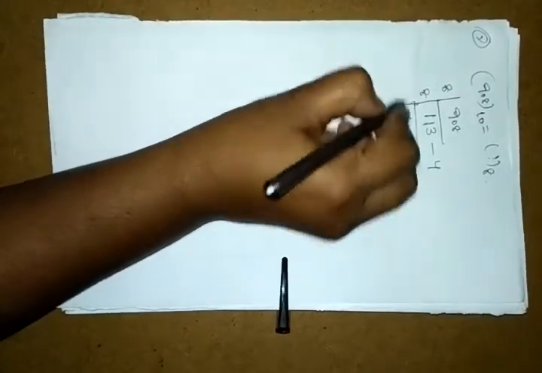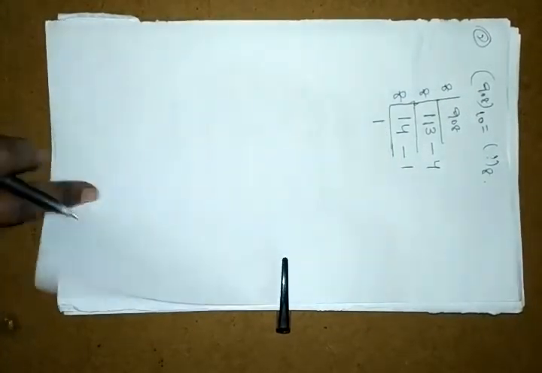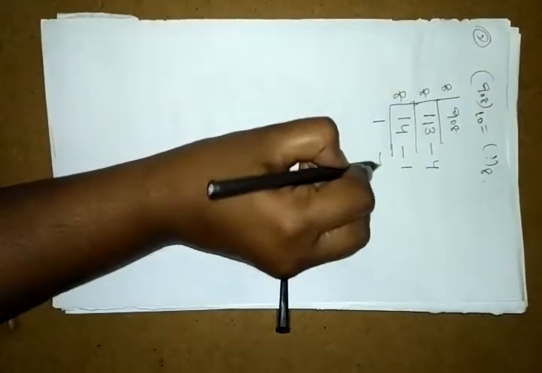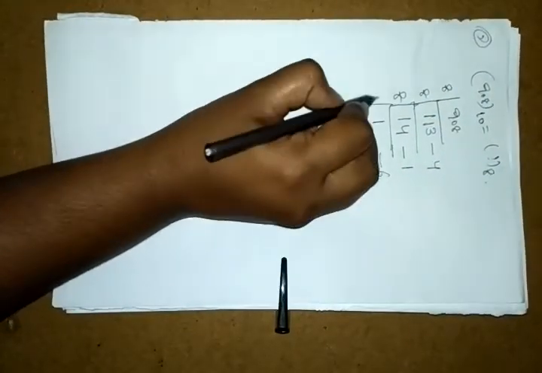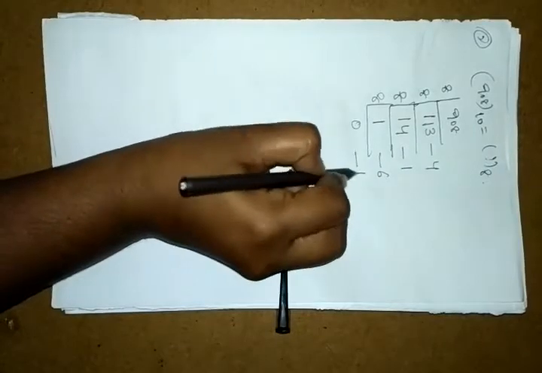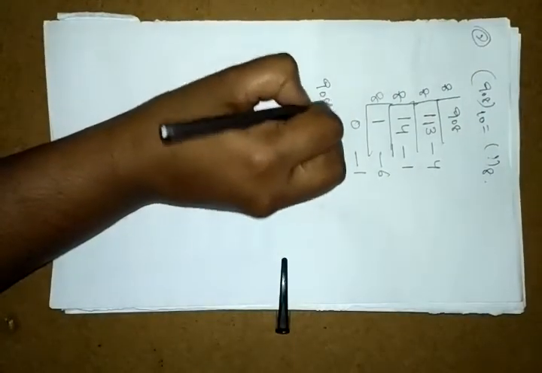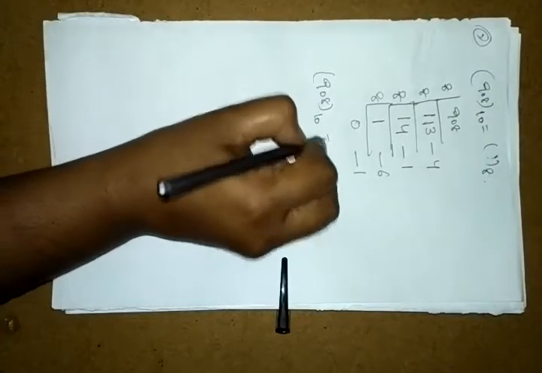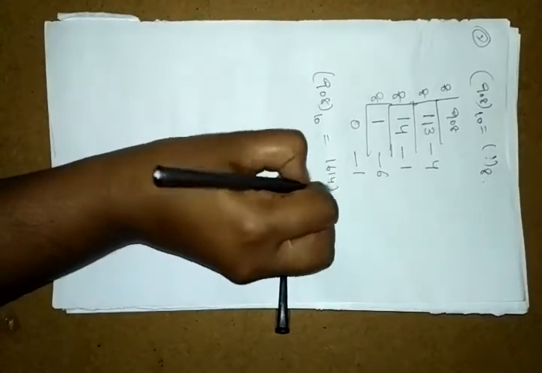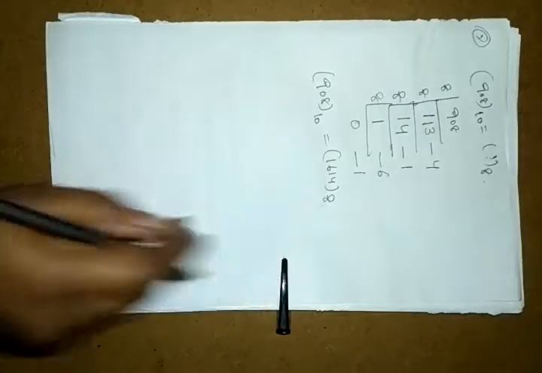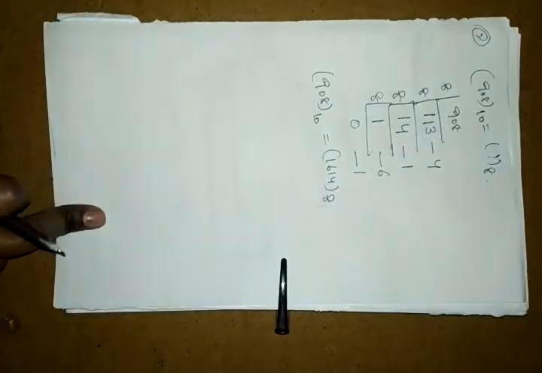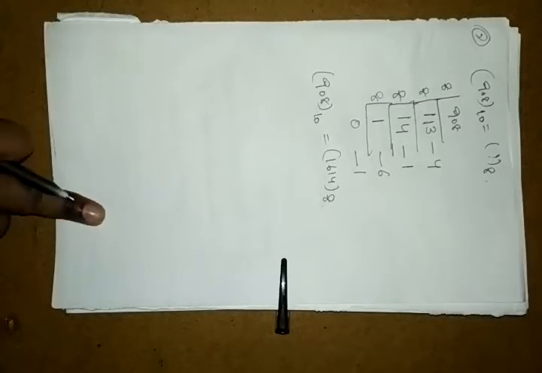Again 8 ones are 8, left with 6, then 8 into 0, and 1. So 908 base 10 equals 1614 base 8. In the previous example we got 1670, and now we got 1614.